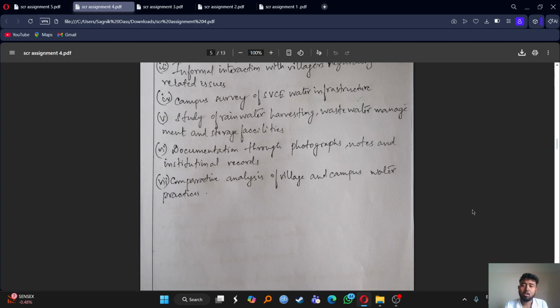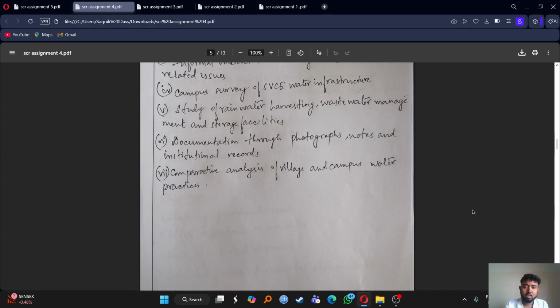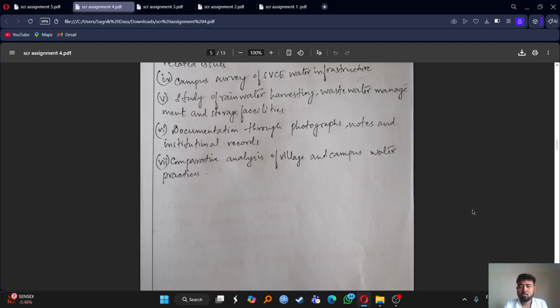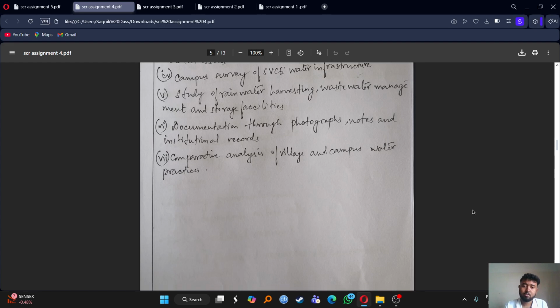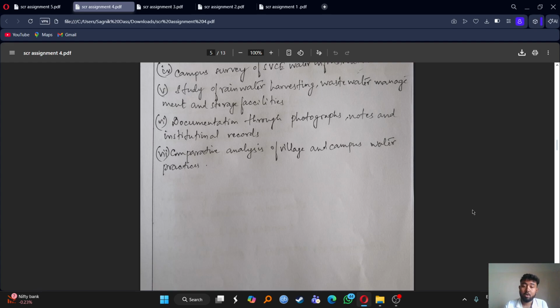Study of rainwater harvesting: we checked the rainwater harvesting facilities, and luckily they were there as well. Wastewater management and storage facilities in the local areas. And documentation through photographs: we photographed some of the water facilities in nearby areas, and did a comparative analysis of village and campus water practices.